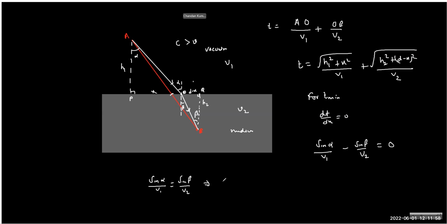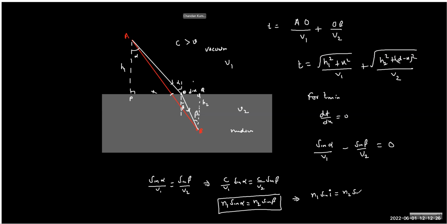And if you multiply by the velocity of light on both sides, then later on we come to know, or you might have studied, that C by V1 is called the refractive index. So you can say N1 sine alpha, or you can say angle of incidence, equals N2 sine angle of refraction.